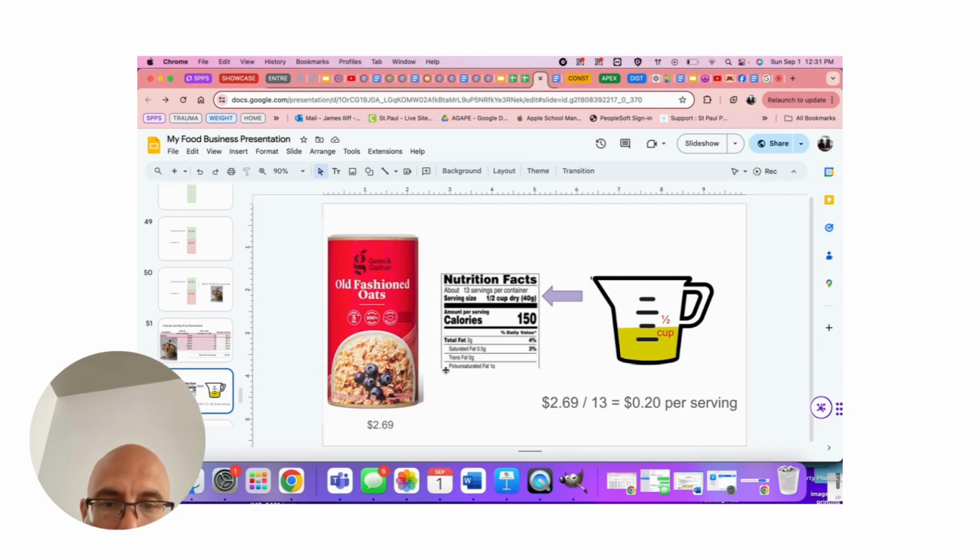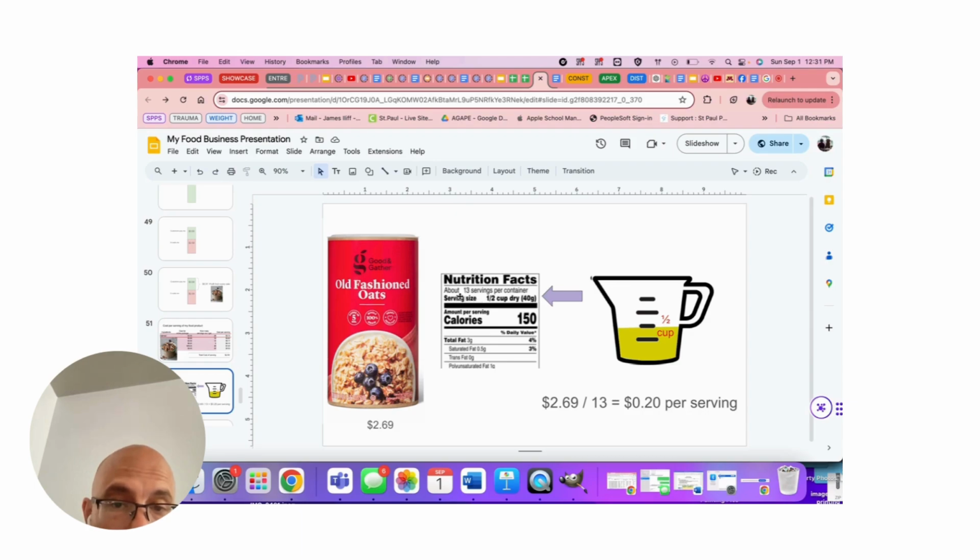Well, back on the nutritional label, if you flip it over to the back, we're going to look at this little section up here. And it's really cool because it says a serving size is half of a cup. So if I took half a cup and filled it up to the half cup line, that would be their serving size.